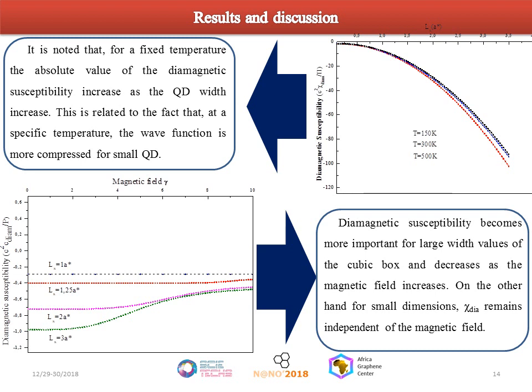So, from the first figure, we can observe that the absolute value of the diamagnetic susceptibility increases with the width of the quantum dot for the different temperature values. And it is noted that for a fixed temperature, the absolute value of the diamagnetic susceptibility increases as the quantum dot increases. This is related to the fact that at a specific temperature the wave function is more compressed for a small quantum dot.